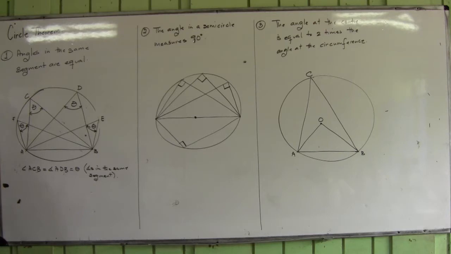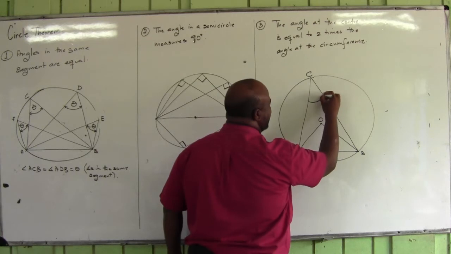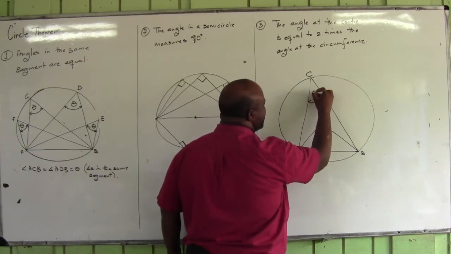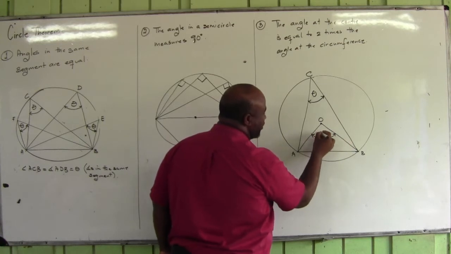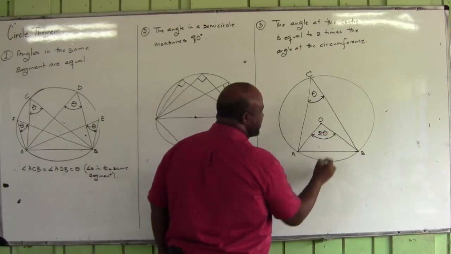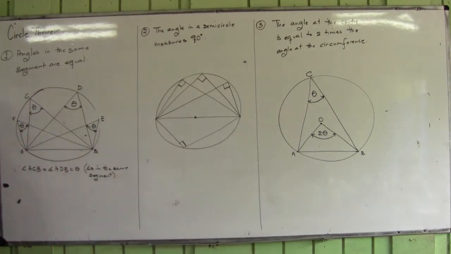So what this third theorem says is that the angle at the center is equal to 2 times the angle at the circumference. So for example, if the angle at the circumference here is theta degrees, the angle at the center would be equal to what? 2 times what? Theta. The angle at the center of the circle is equal to 2 times the angle at the circumference.